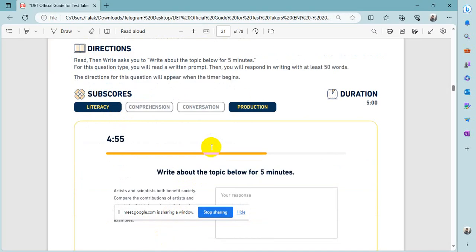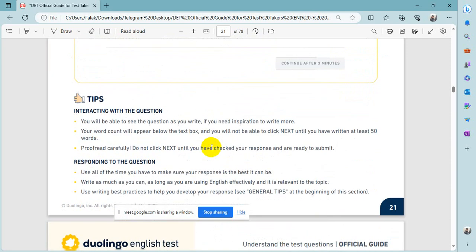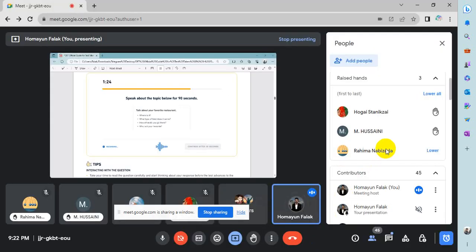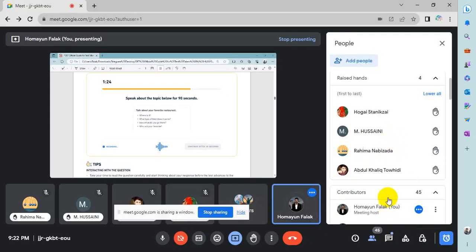For example, when there is a question in read then speak, don't say, the question asks me where is the location of my favorite restaurant. The location of my favorite restaurant is in Kartichar. Don't do it this way. Okay? Don't recap the questions. Just go directly to the answers. Don't reread or recap the questions in your own words.